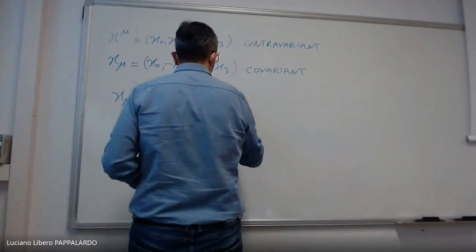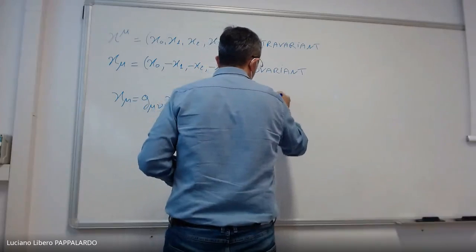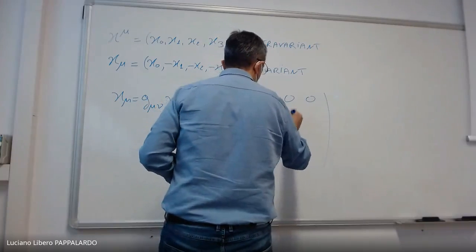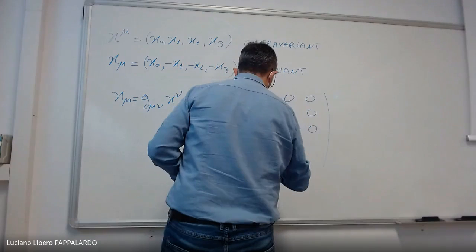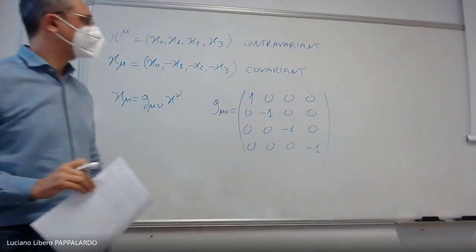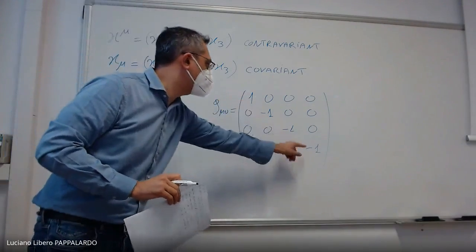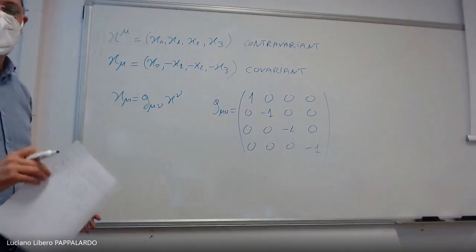So g mu nu is defined this way. It's 1, 0, 0, 0, 0, minus 1, 0, 0, 0, 0, minus 1, 0, and 0, 0, 0, minus 1. Okay, so we have a 1 in the first element of the diagonal and a minus 1 elsewhere, which provides the sign change when you want to link the contravariant and the covariant vectors.